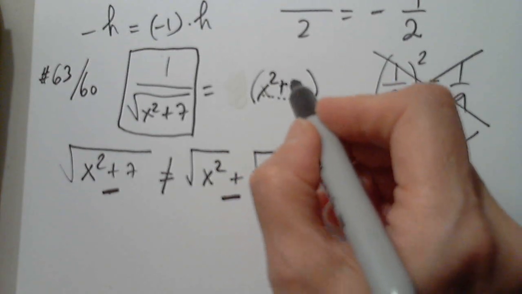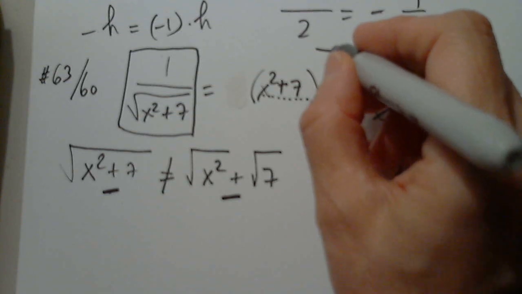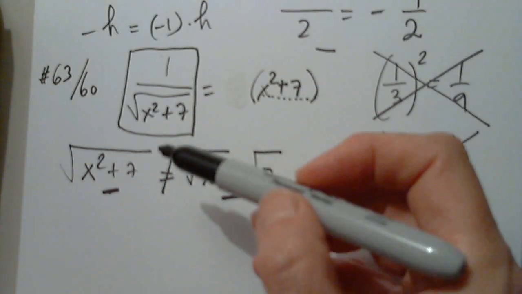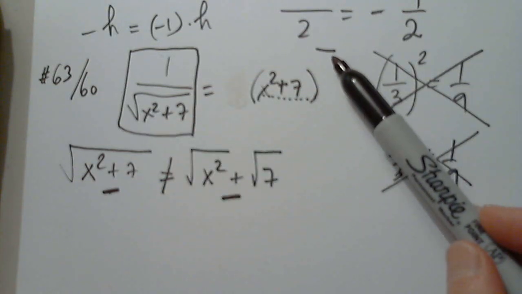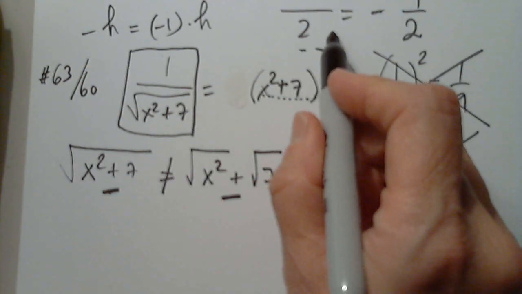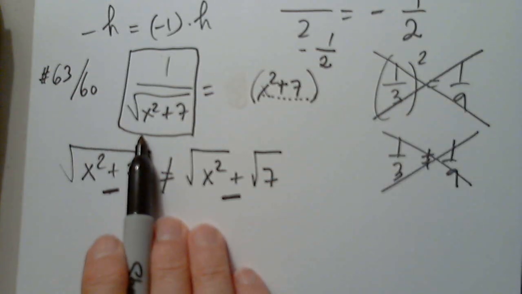Excellent. Perfect. Now, what will be the power? First of all, the power has to be a fraction. Anyone who can tell us what will be the power? 1 over 2. Yes, but negative. Awesome. Exactly. Why is it negative? Because it's in the denominator.